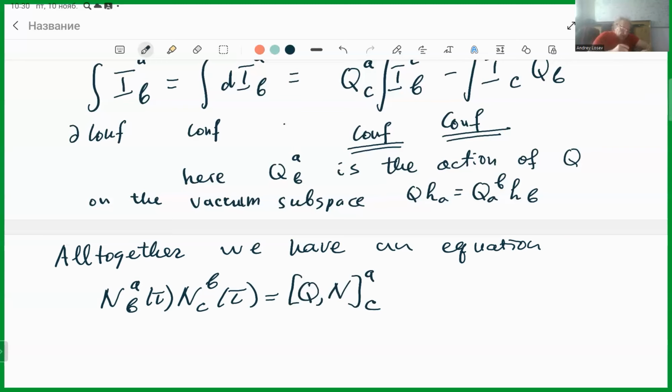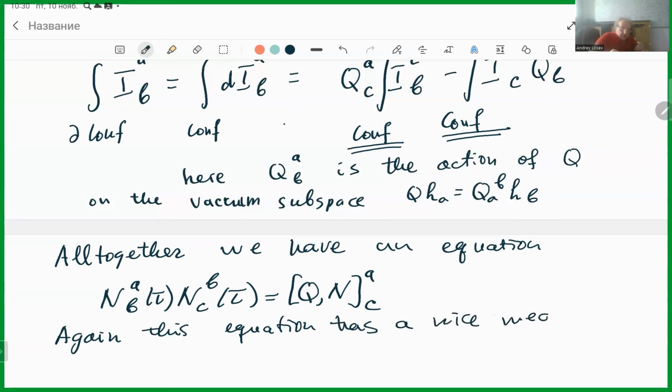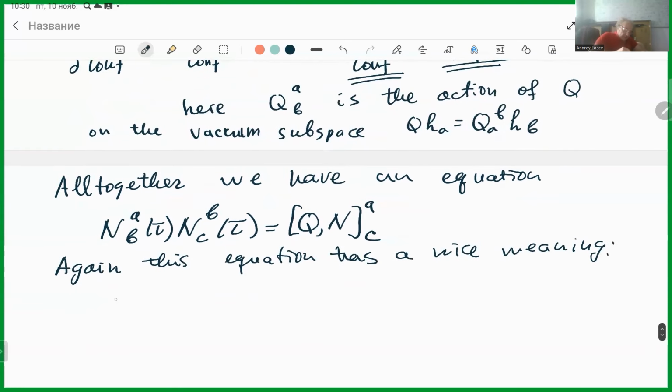This equation again has a nice meaning. It says that QAB plus NAB of tau squares to 0.